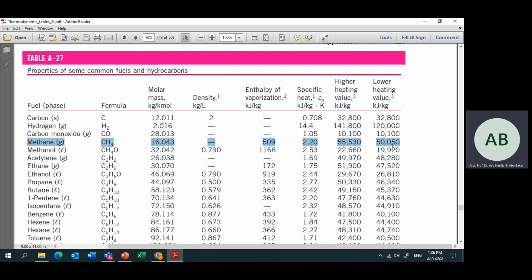HHV and LHV. In table A27, it already mentions the value of HHV and LHV. Notice that this is in unit kilojoule per kg. So if you need to find kilojoule per kmol, multiply with the molar mass. This one is HHV for methane, LHV for methane.